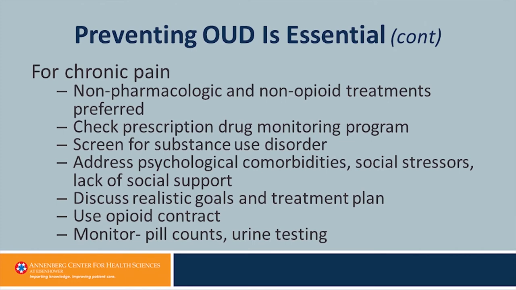Address psychological comorbidities, social stressors, and lack of social support. And finally, it's very important to discuss realistic goals and create a treatment plan, which includes discontinuation of the opioid pain medication if there's no improvement in function, and use a pain medication agreement, which specifies pill counts and urine toxicology screening.